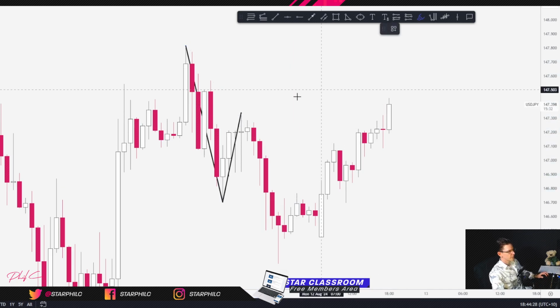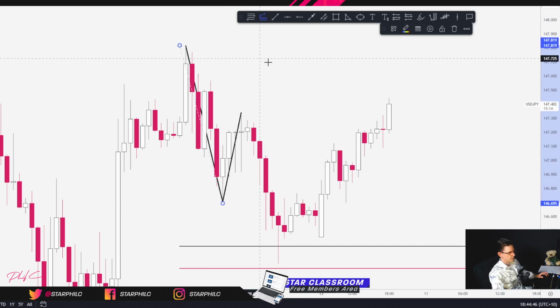Now with the same leg, so this high to this low, we are going to grab a Fibonacci extension tool and take it from this high to this low and back up in, right? So swing high to swing low, back up in like this.